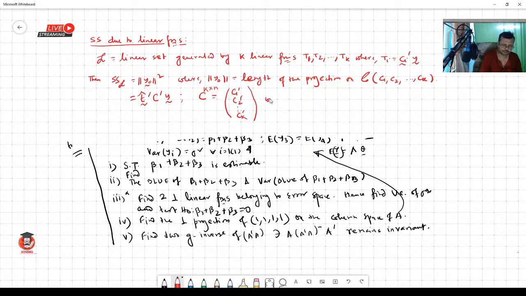Where T curl hat is any solution of this equation.